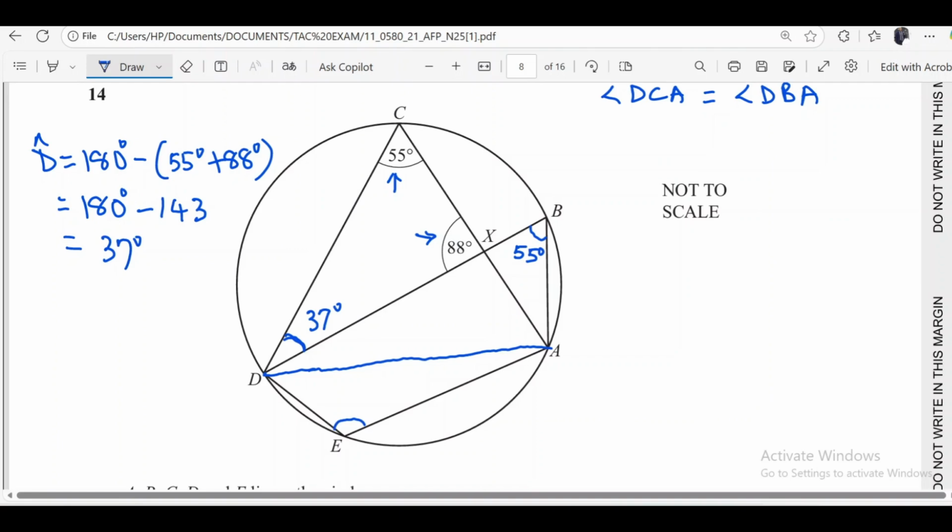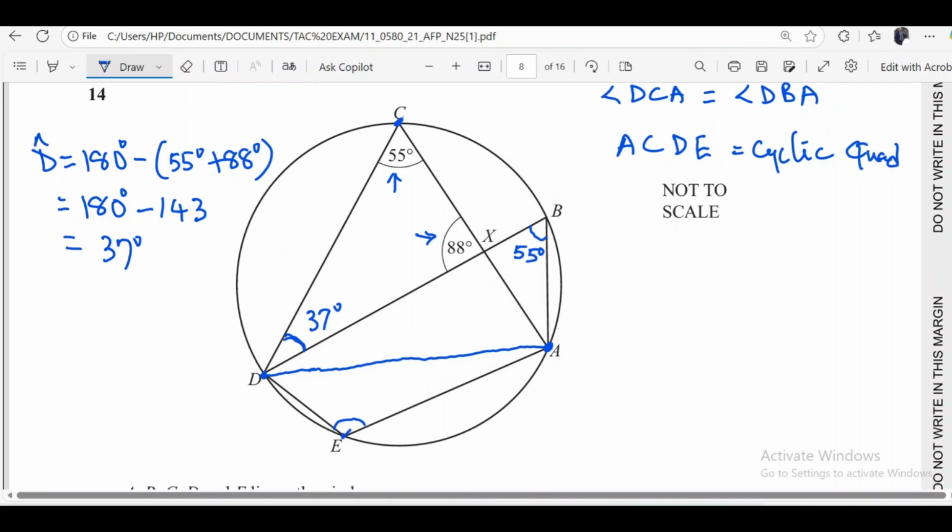Let's look at what kind of shape this is. A, C, D, E. This is a cyclic quadrilateral. It's cyclic because all the points lie on the circumference: A touches the circumference, C touches the circumference, D touches the circumference, and E is also touching the circumference.